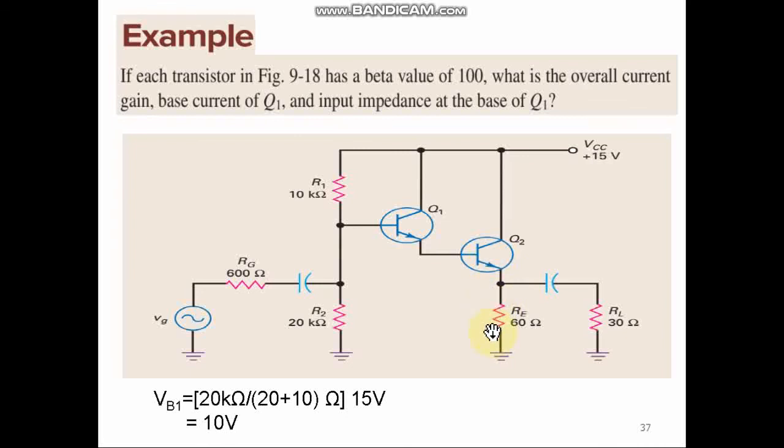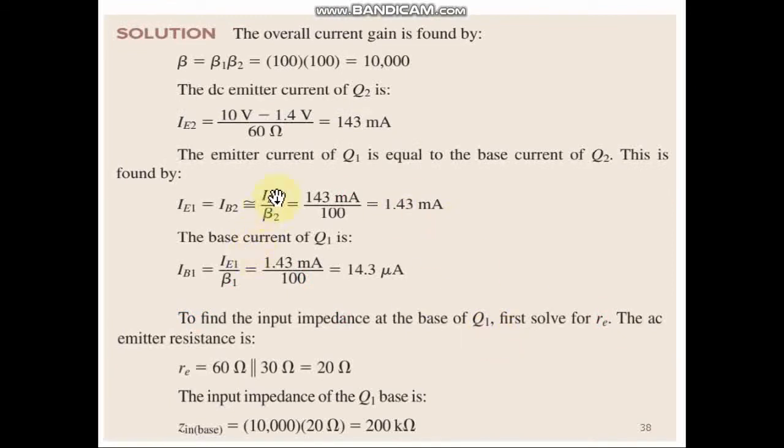It is IE2 by beta 2. So finally you get IE1 or IB2 equal to 1.43 milliampere. The base current of Q1, IB1, is nothing but IE1 upon beta 1. So you get IB1. To find out the input impedance at the base of Q1, first solve RE.